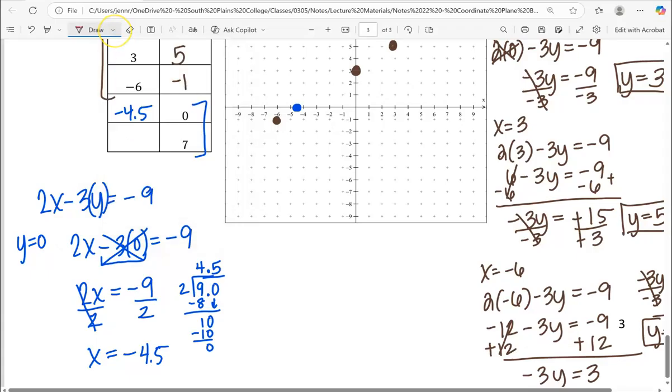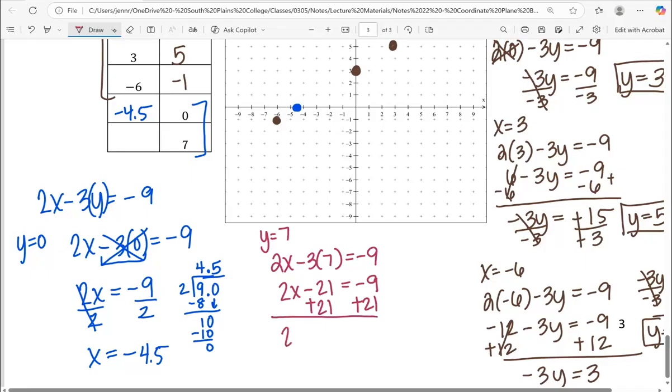All right, one more to go. This time they give me y to be 7. So 2x minus 3 times 7 equals negative 9. Go ahead and multiply those two together. So 2x minus 21 equals negative 9. Solving for x, first thing we're going to do, add 21 to the other side, leaving me with 2x equals, well, 21 minus 9.